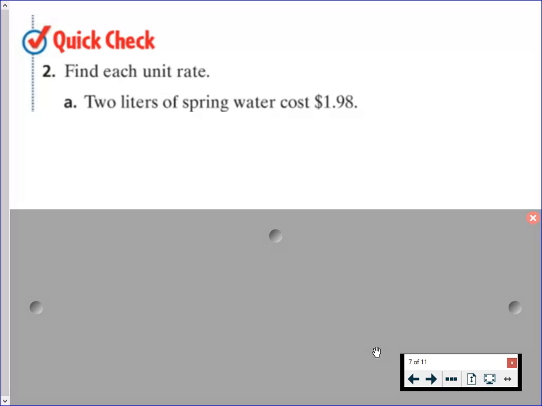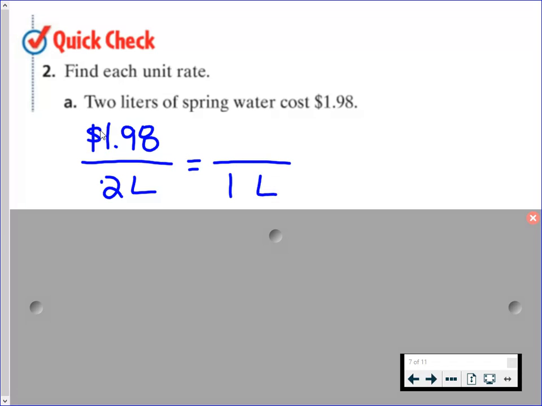You see a sign. $1.98 for 2 liters. Unit rate is how much for 1 liter. Again, since I'm writing what looks like a fraction, I am labeling it so people know that it's not a fraction, it's a rate.